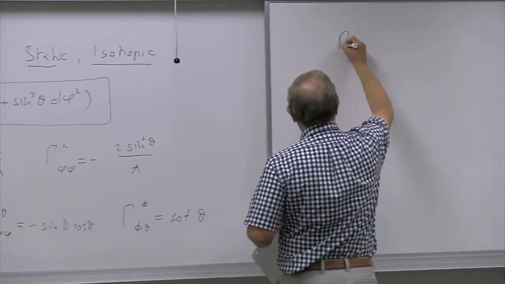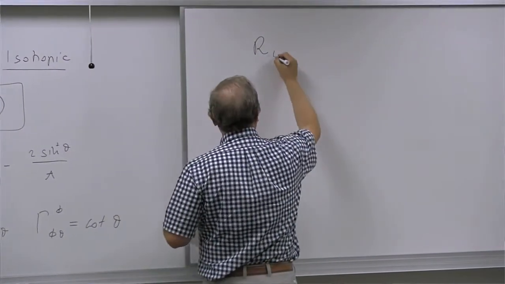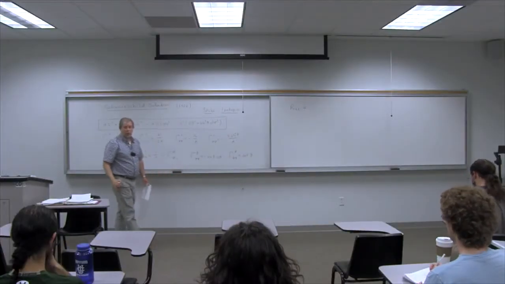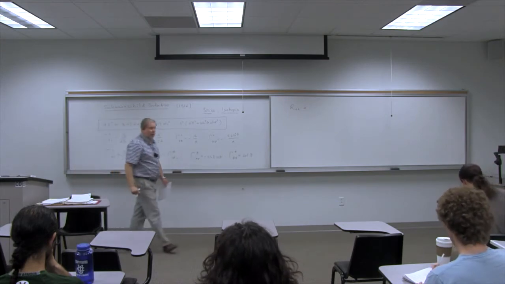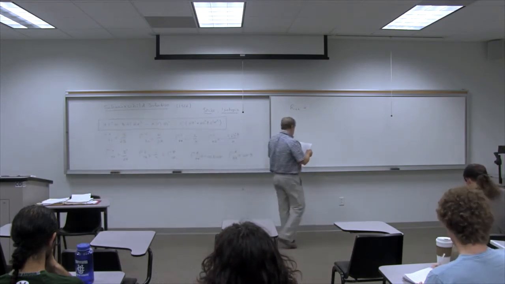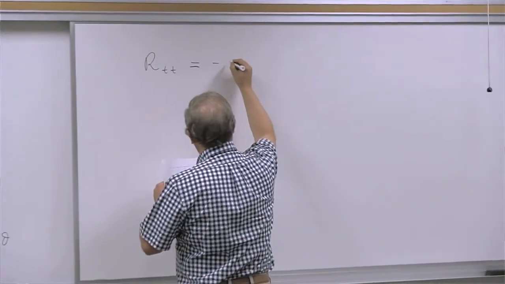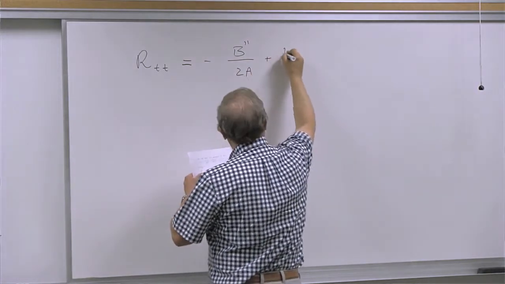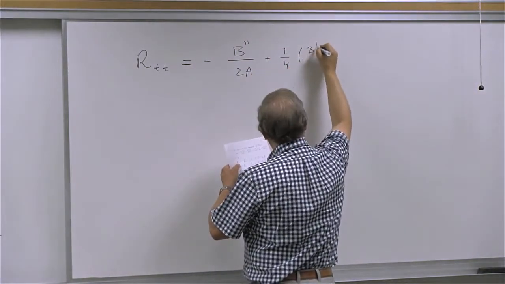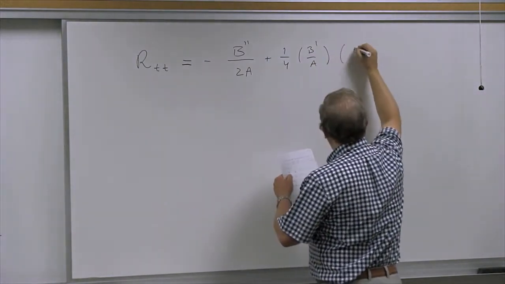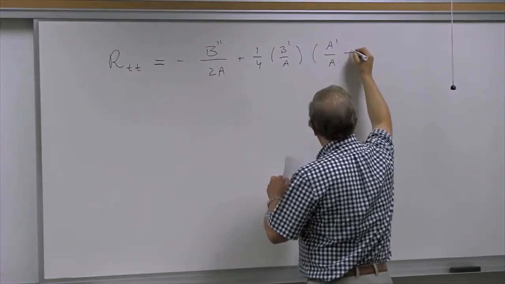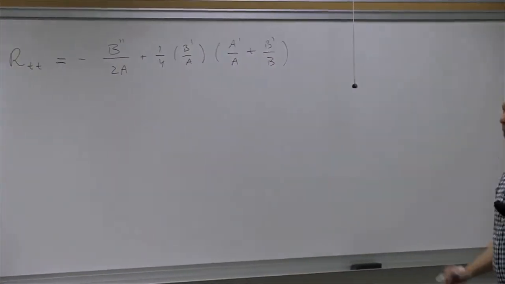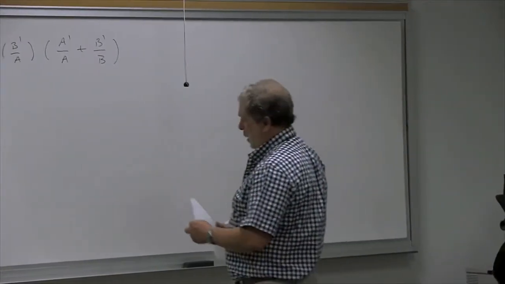So I'm going to write that out here so we can stare at it for a little bit. And so we have four field equations, right, corresponding to the TT, RR, theta theta, and phi phi components of the Ricci tensor. So R_TT is equal to minus B double prime divided by 2A plus 1/4 times B prime over A times A prime over A plus B prime over B, where the prime, of course, is the derivative with respect to R, because that's the only variable that's of interest in this problem.